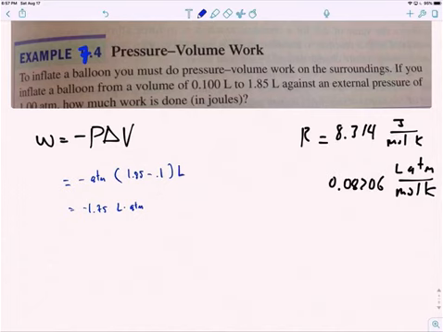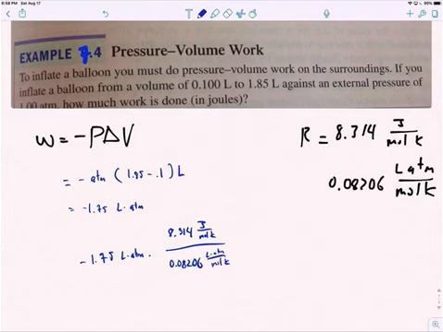To get the conversion, I always think in terms of the two values of R. We want joules per liter atmosphere. So to get the answer in joules, we have 1.75 liter atmospheres times 8.314 joules per mole Kelvin, all over 0.08206 liter atmosphere per mole Kelvin.